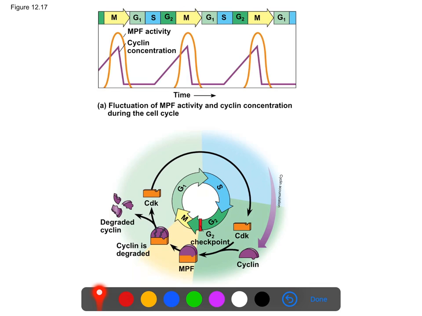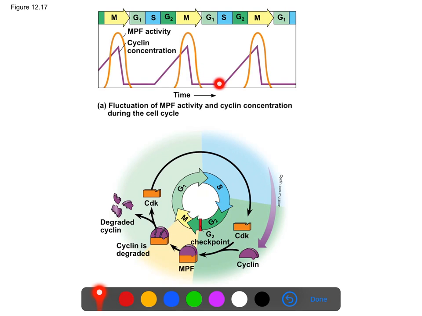Actually, what you have is what's called MPFs. When cyclin reaches a high enough level, you start making these MPFs, and they are what kicks the cell into mitosis and gets it through mitosis.